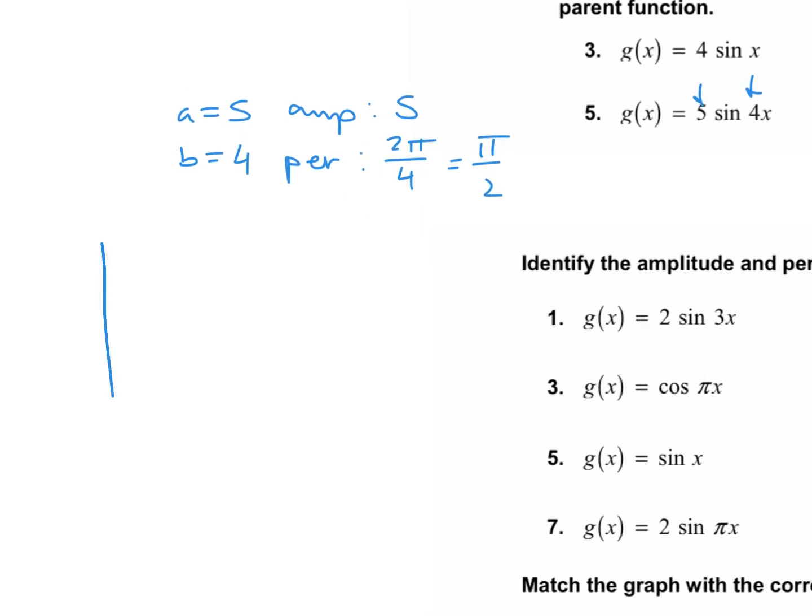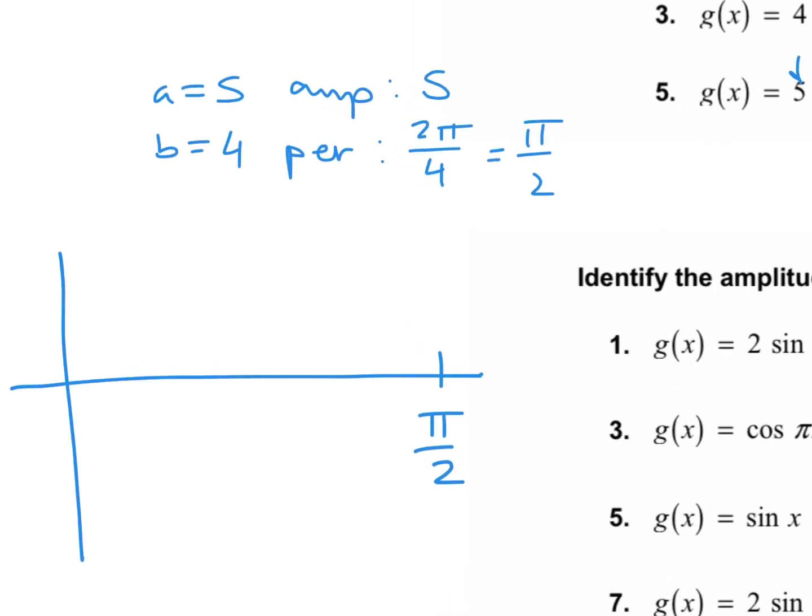So let's go ahead and put those on our graph. Our graph's going to go all the way to pi over 2. And then we need our increments in between 0 and pi over 2. So how can we find our increments?